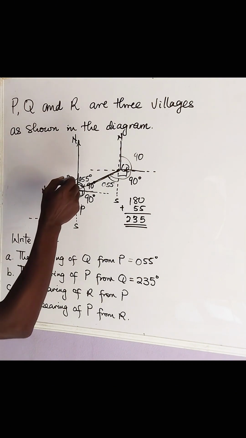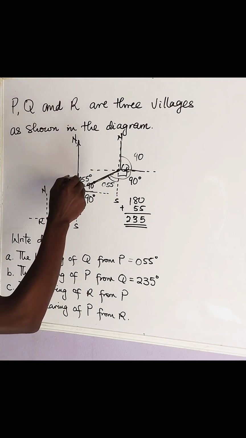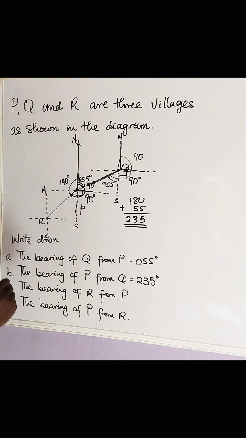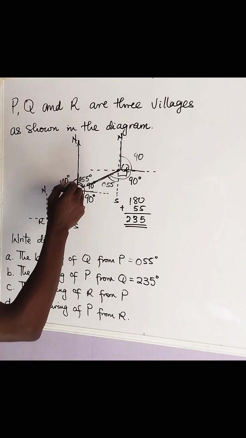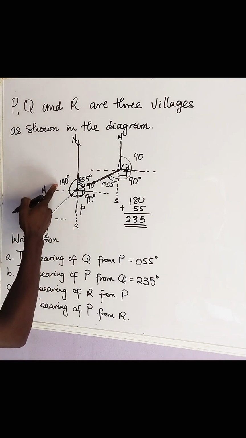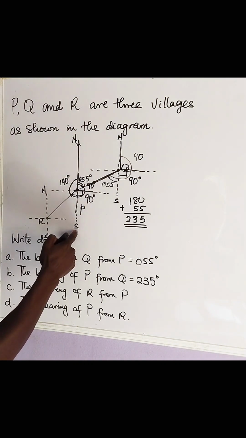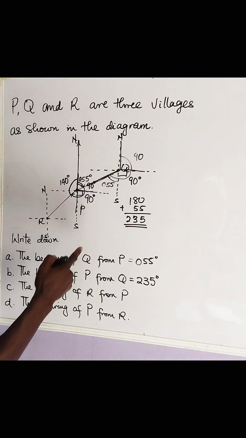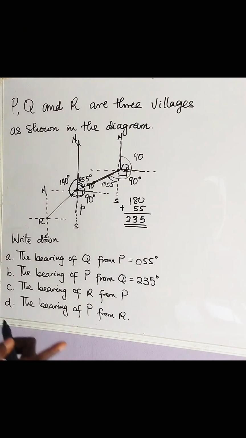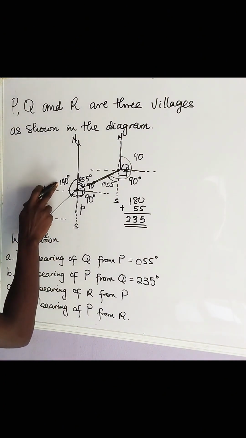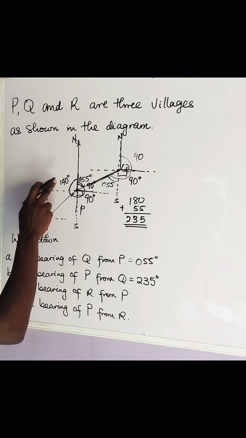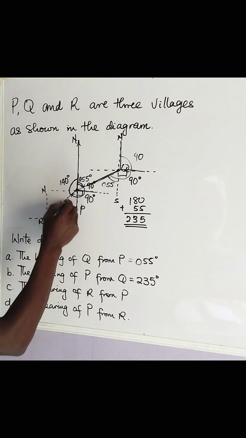Take note that from the north of P, anti-clockwise moving through southwest of R, you get to see that it is 140. And if you take a look at this straight line from the north through to the south, it is a straight line, which means it is 180 degrees. If you subtract 140 from 180, the remaining part here becomes 40.